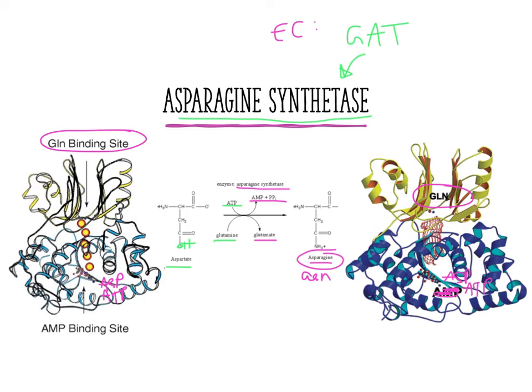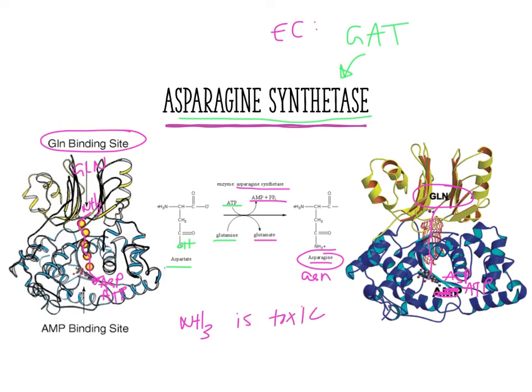Okay, so GLN binds, and then the nitrogen, the ammonia, the NH3, gets ripped off of it, and it travels through a tunnel to get to the second active site. And they've done the tunnel here in kind of a chicken wire style. The reason there's a tunnel is because NH3 is toxic.